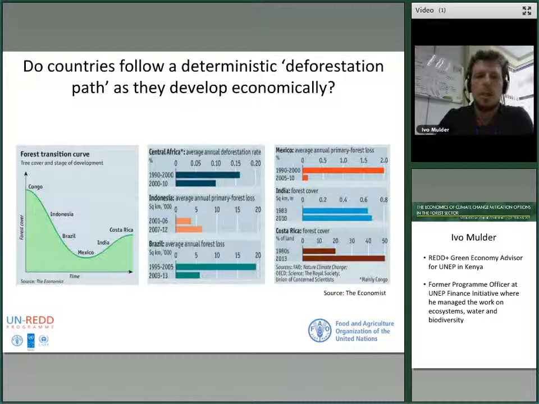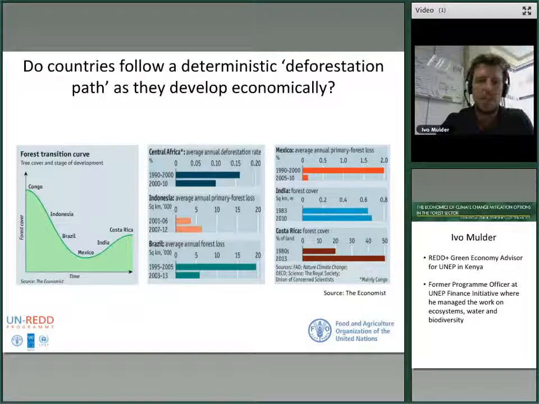So these graphs were featured in The Economist magazine a few months ago, with a question mark whether countries would indeed follow such a deterministic path as they develop economically.